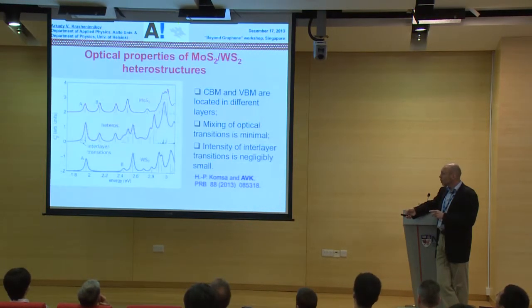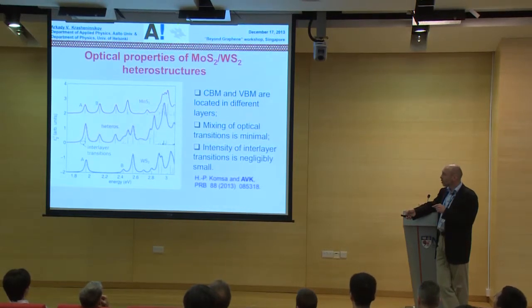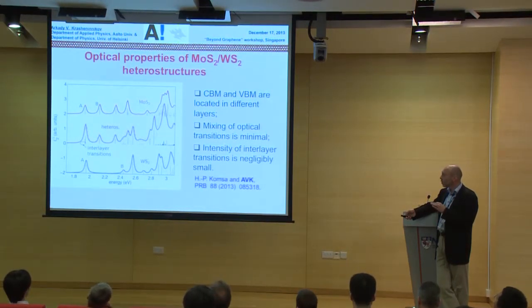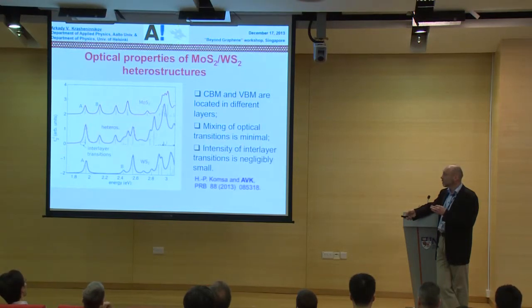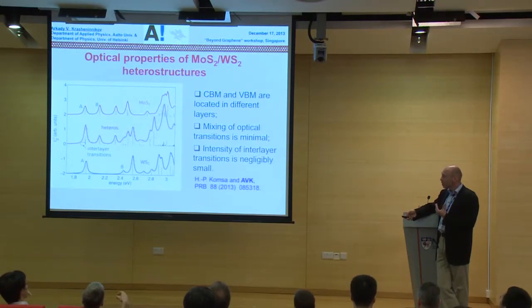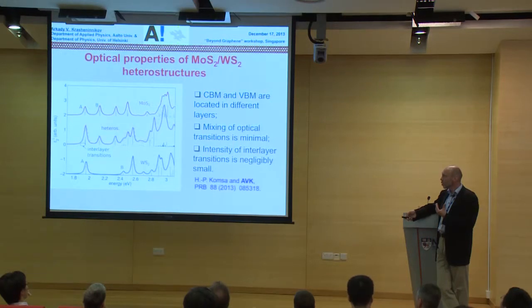But what's important, we did an optical absorption calculation for the molybdenum disulfide, tungsten disulfide system. And the thing is that even though the band structure changes, the absorption spectra are pretty much the same. So this means that mixing of optical transitions is quite small.